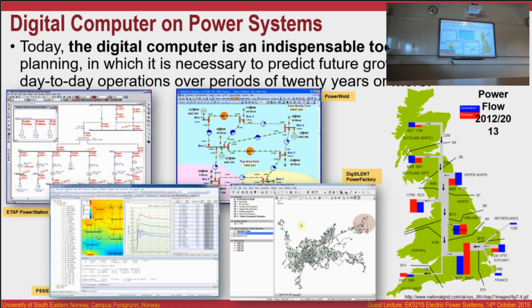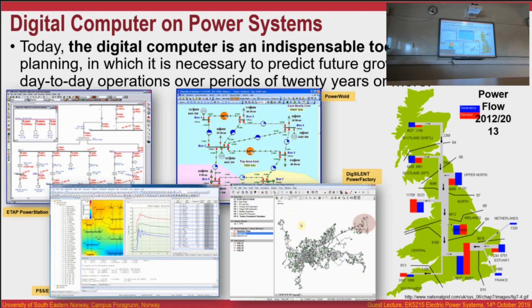There are few examples over there. Powerwall. A lot of students, they love this one. It's like a game. You can see it's very friendly. Here you can see a ETAP power station. It's mainly for industrial systems. If you are working in the oil industry or any kind of big factory, you will use this kind of ETAP.